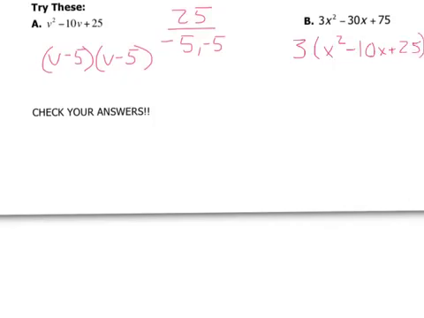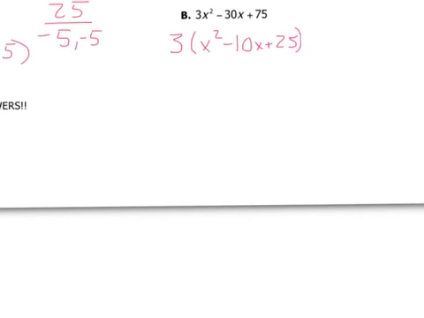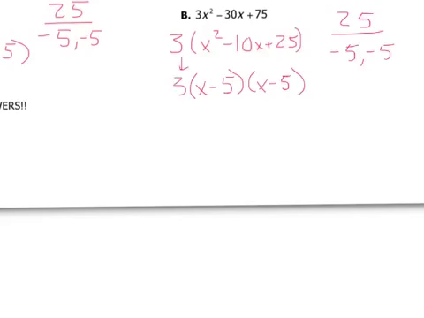Yes, so you can use your shortcut. So your shortcut is find the factors of C. So the factors of 25 that add to negative 10 are the same ones we just found, negative 5 and negative 5. And my 2 binomials would be x minus 5 and x minus 5. But make sure your GCF comes down as part of your final answer.